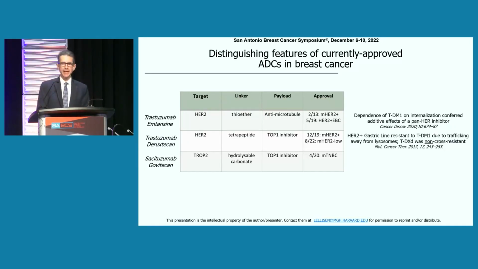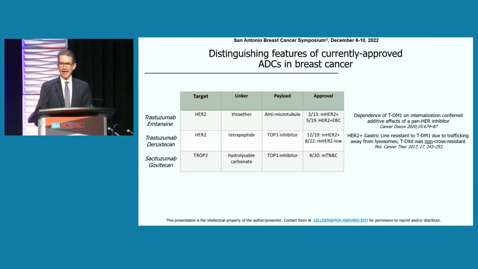Even early studies showed that you could see in vitro resistance to TDM1 mediated by loss of lysosomal integrity, and that resistance could be overcome by TDXD because it doesn't require an active lysosome to release payload intracellularly. And we don't know for sure, but perhaps that contributes to some of the very exciting data we saw for the use of TDXD after TDM1 in advanced HER2-positive breast cancer.